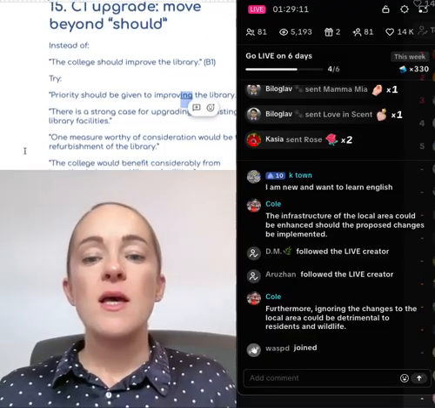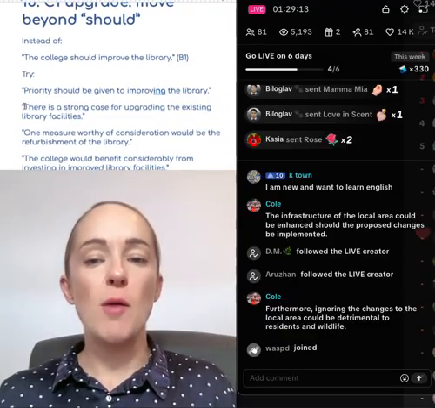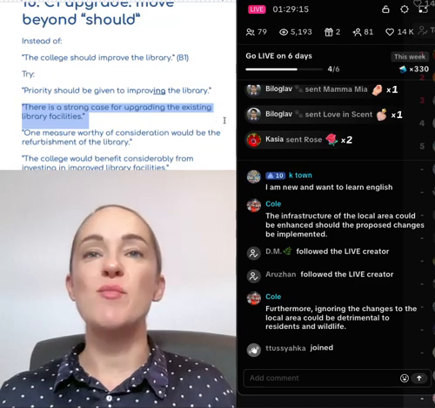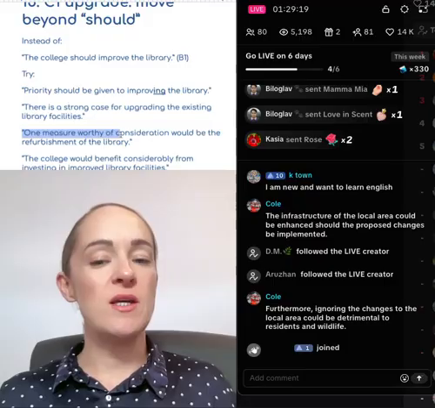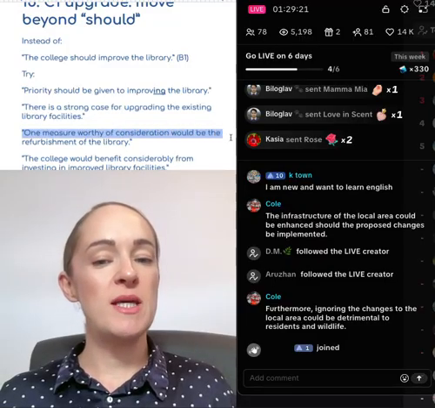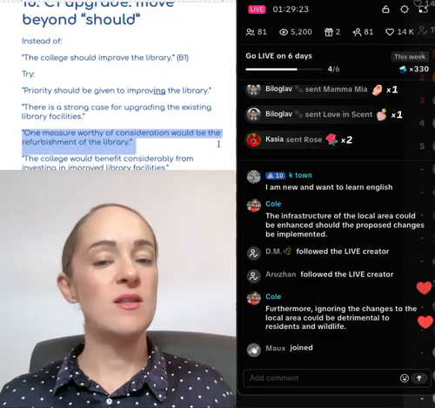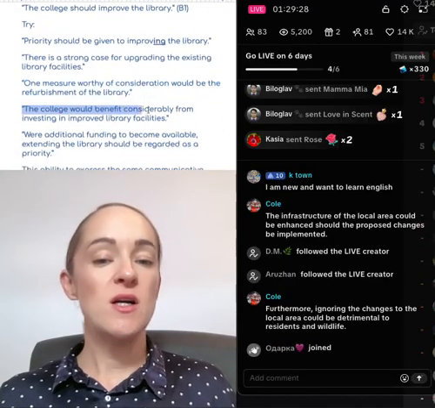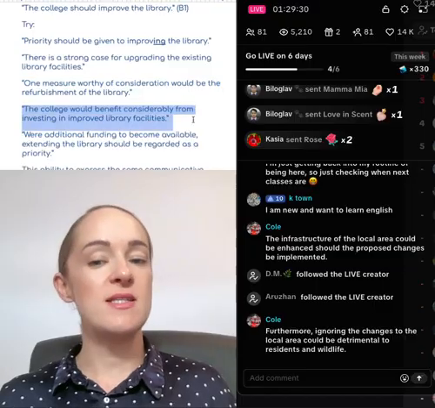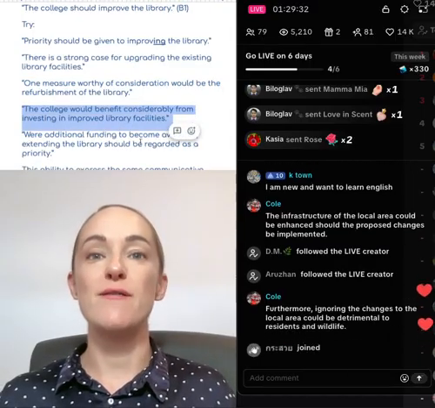There is a strong case for upgrading the existing library facilities. One measure worthy of consideration would be the refurbishment of the library. The college would benefit considerably from investing in improved library facilities.